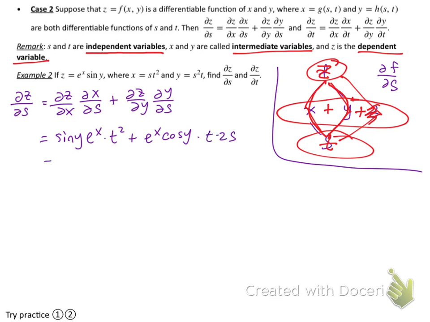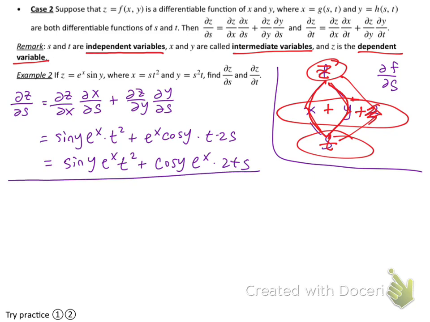Never mind pulling out common factors, I'll just keep it as is: sine y e to the x times t squared, plus e to the x cosine y times 2ts. Okay, that's my first partial derivative.